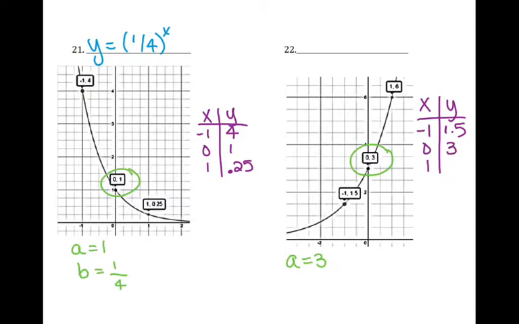And at 1, I am at 6. And to figure out my b, I'm going to take any y coordinate and divide it by the previous one. So 6 over 3 is 2. So I have y equals a times b to the x.